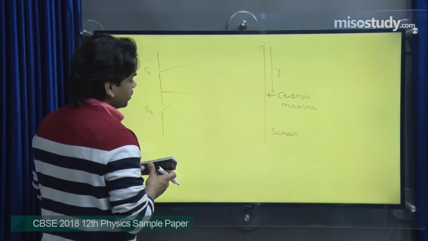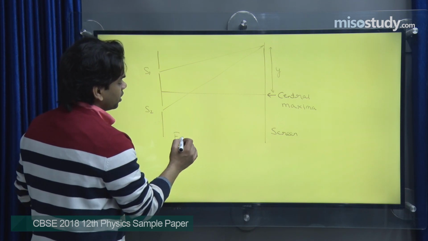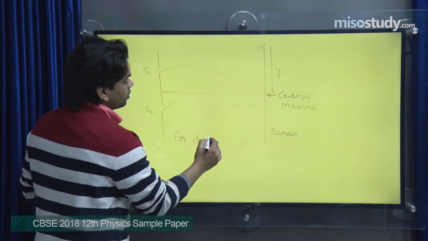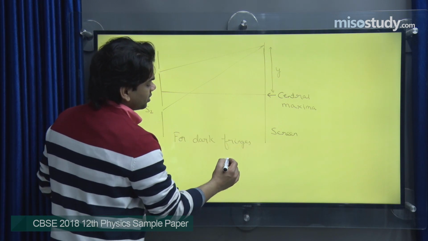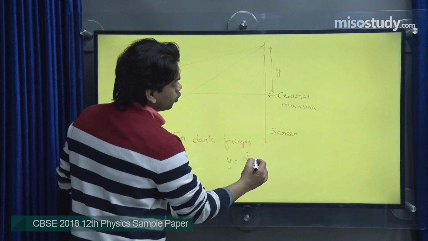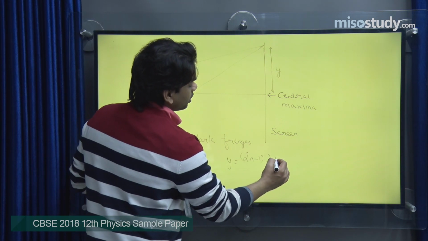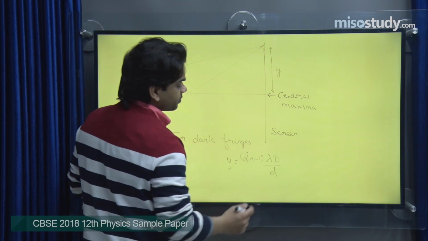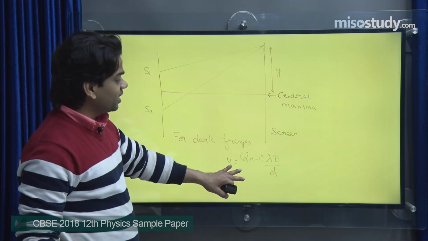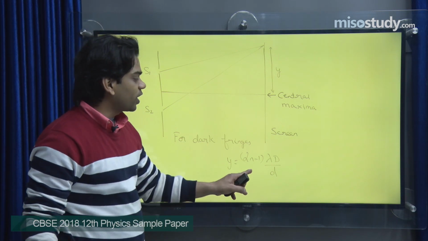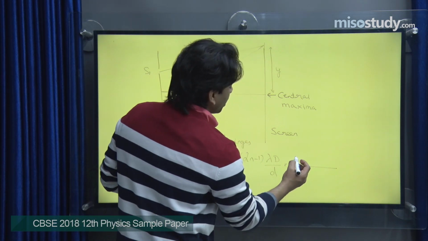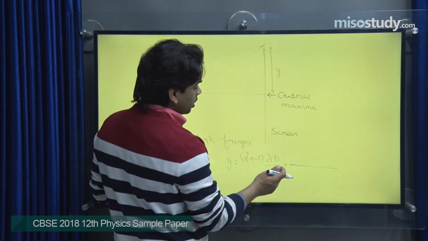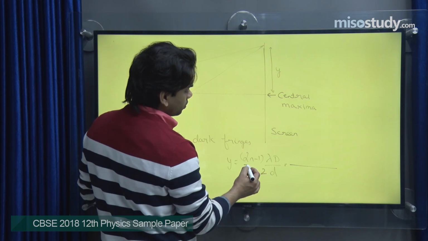We know for dark fringes, that is for destructive interference, the distance is given as (2n minus 1) lambda D by 2d. We can easily substitute the values. Instead of n, you put here 3, and rest of the values are given to you. N is 3, so 2 into 3 minus 1, that is 5, lambda D by 2d, use here 2 also, that is also required.